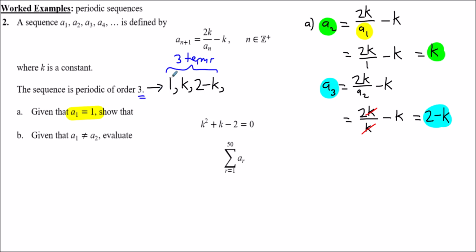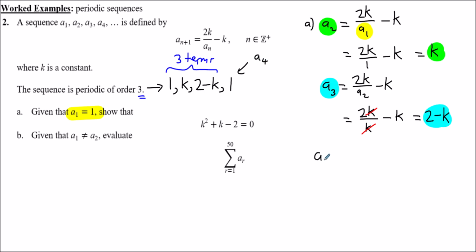This means, after these 3 terms, the cycle will repeat. So I know, therefore, that we need to go back to 1 after this. So 1 must be A4, and that's the way into it. So just bear in mind that A4 is 1.